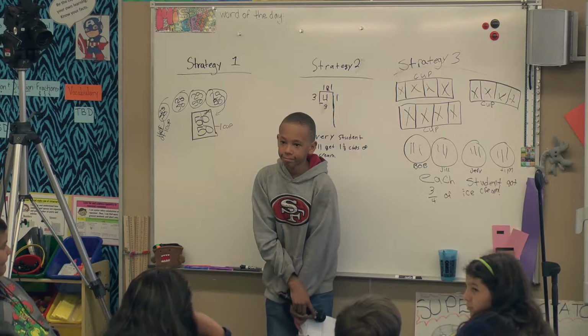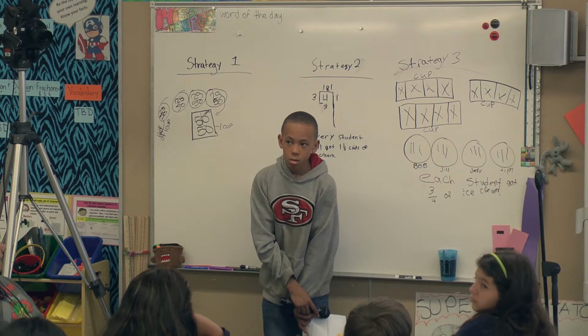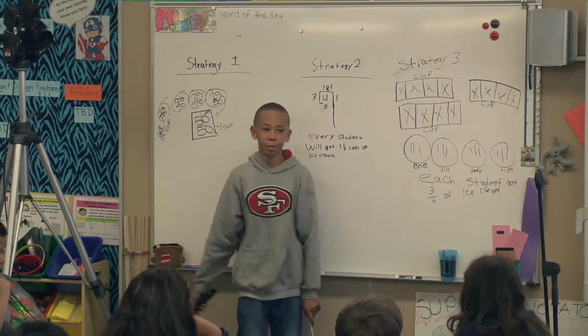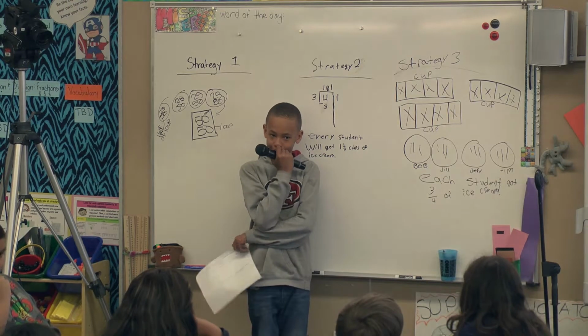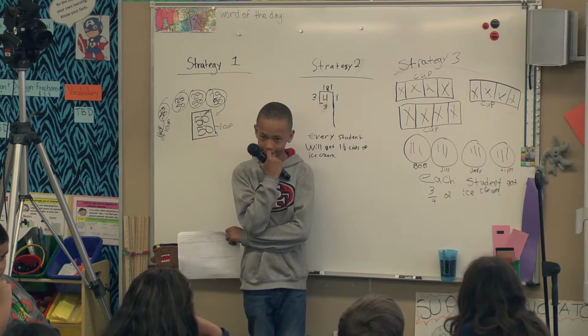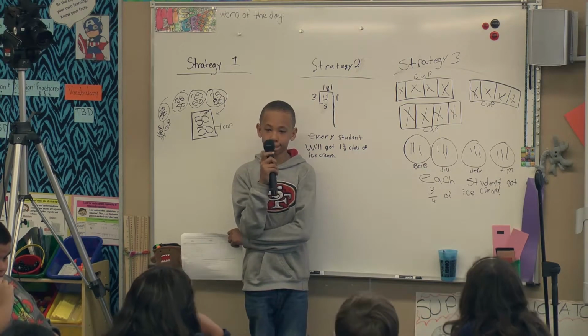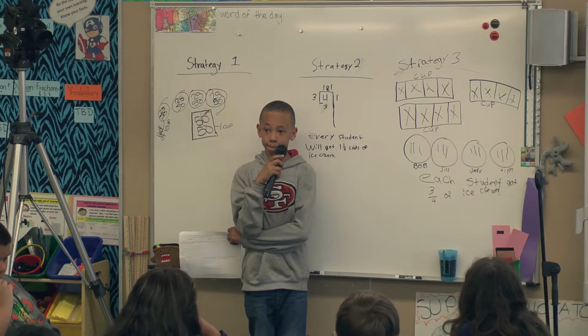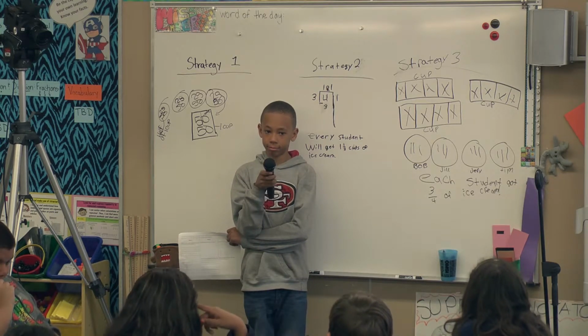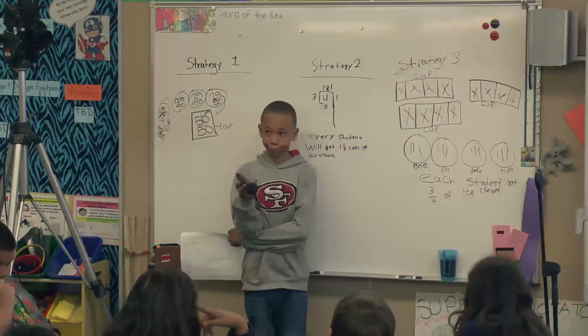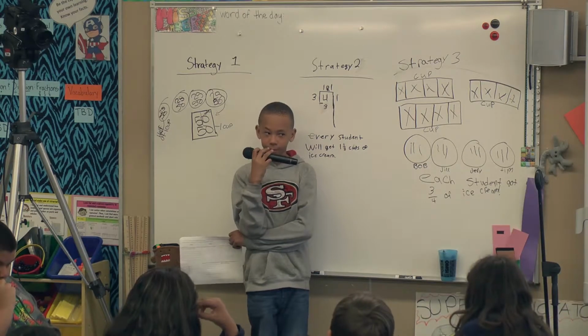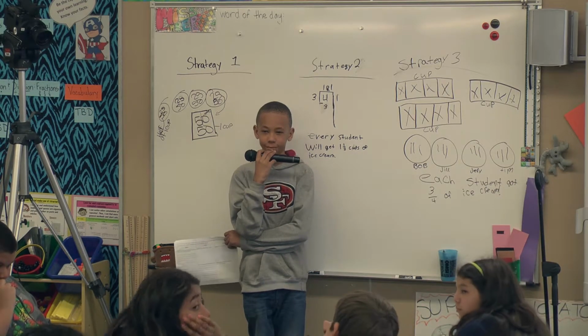So, thinking time first. Look at what Josiah did. Look at our question stems. Do we have any questions or comments for Josiah? Thinking time first. Question time, comment time.